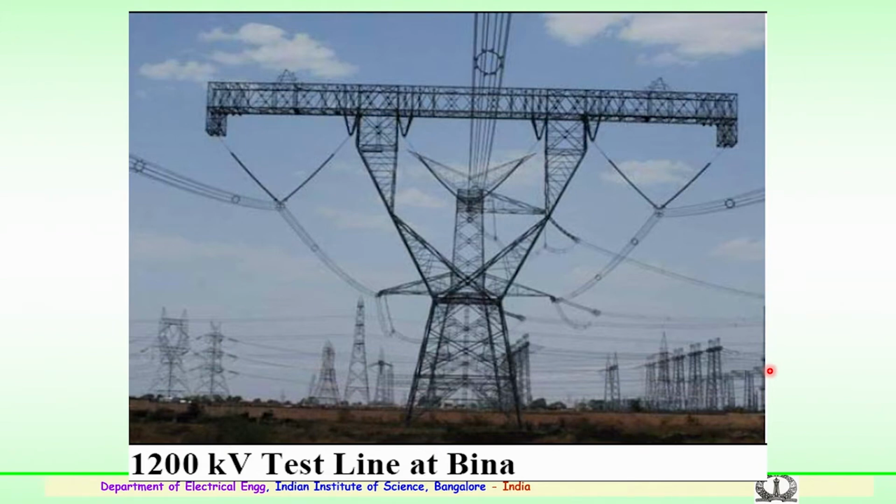800 kilovolt DC lines are being constructed across the country, and DC and AC transmission of 1200 kV also has been thought of for the last 4 to 5 years.